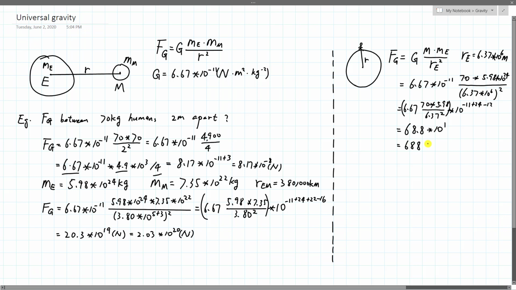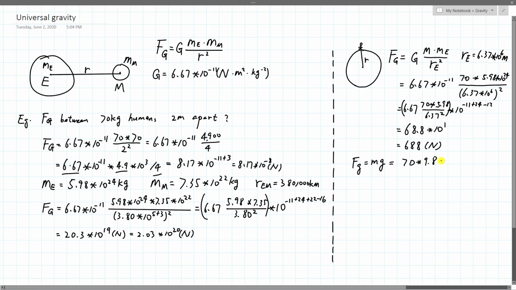So as we can see, the person's universal gravity against the Earth is this much. And we also know that Fg, this is our gravity near the surface of the Earth, is m times g, right? So this is equal to 70 times 9.8.